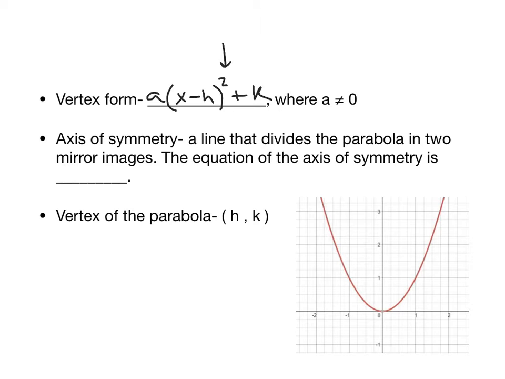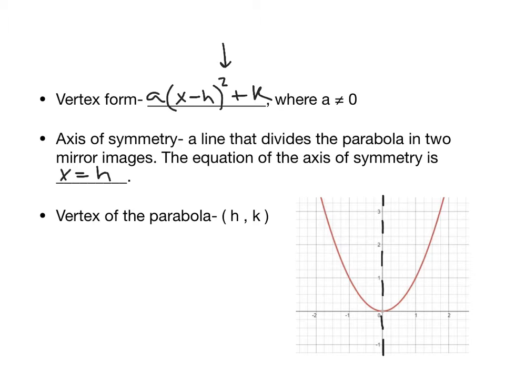The axis of symmetry is a line that divides the parabola in two mirror images. The equation of the axis of symmetry is x is equal to h. So in this graph, the axis of symmetry is going to be the line right down the middle.